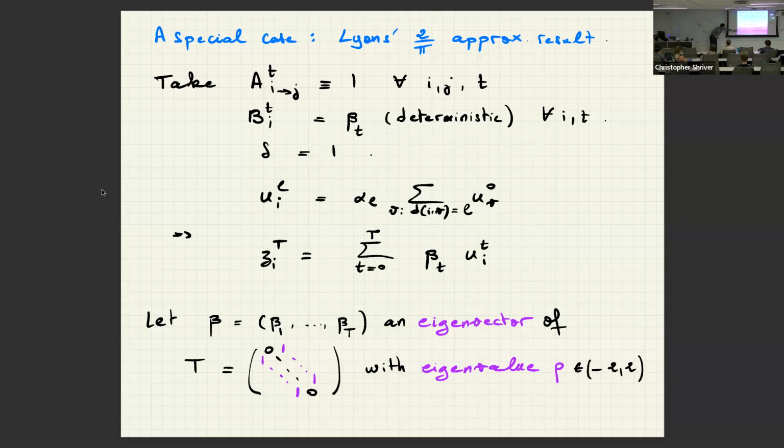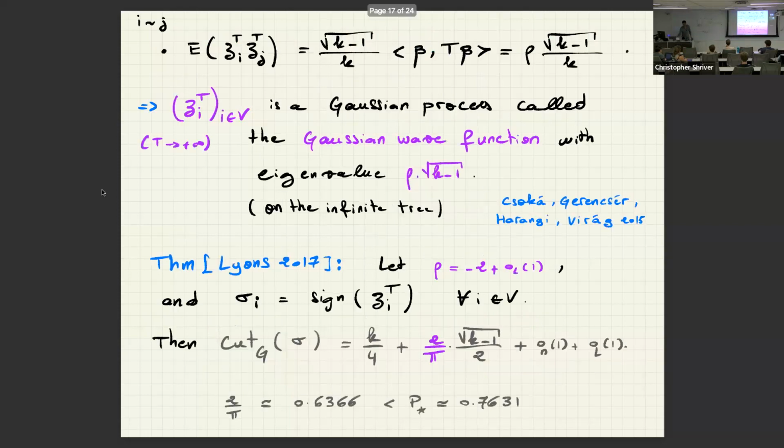But before discussing what the choice is, let me try to compute. So this is a Gaussian process. Do you agree? This is just a Gaussian process. And now if I compute the correlation of this Gaussian process over an edge, so if I look at Z_i Z_j for an edge ij, this is just linear algebra that gives me a certain operator that involves beta.